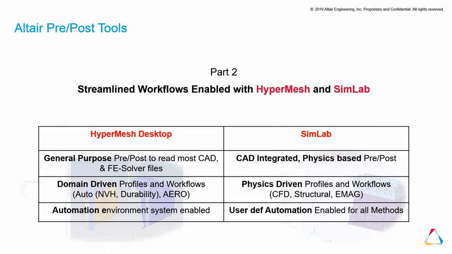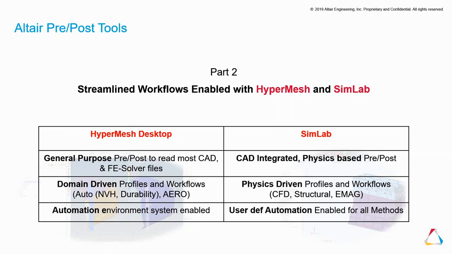HyperMesh is a general purpose pre-processing tool. SimLab is a CAD integrated, tightly integrated, live-sync, physics-based environment. HyperMesh is domain-driven: automotive, aero, and NVH. SimLab is physics-driven. It mostly talks to structures, fluids, and EMAG, electromagnetic flux, etc.